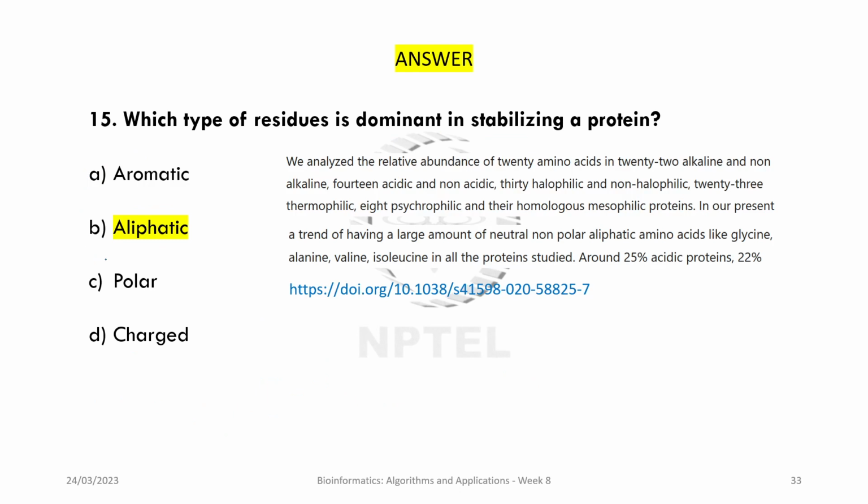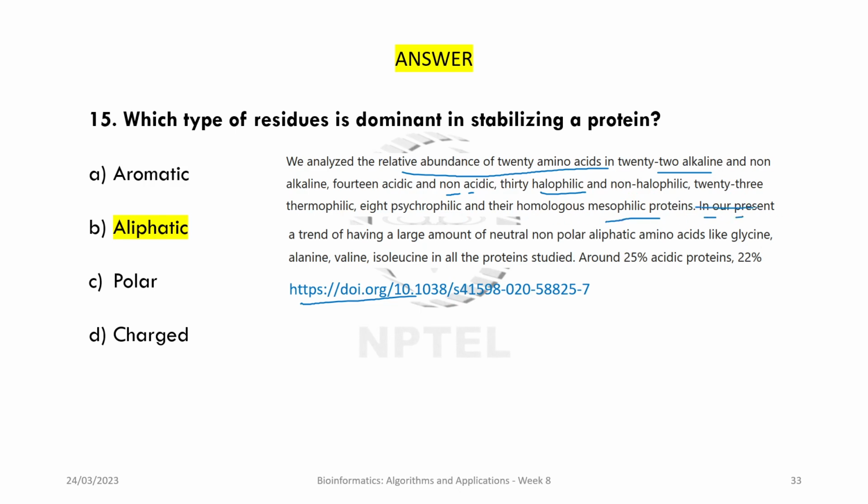So I have a research article here that analyzes different proteins from different organisms. They are organisms that live in alkaline environment, acidic environment, halophilic, non-acidic, and so on. The relative abundance of 20 amino acids in 22 alkaline, non-alkaline, 14 acidic and non-acidic, 13 halophilic and non-halophilic, 23 thermophilic, 8 psychrophilic, and their homologous mesophilic proteins.